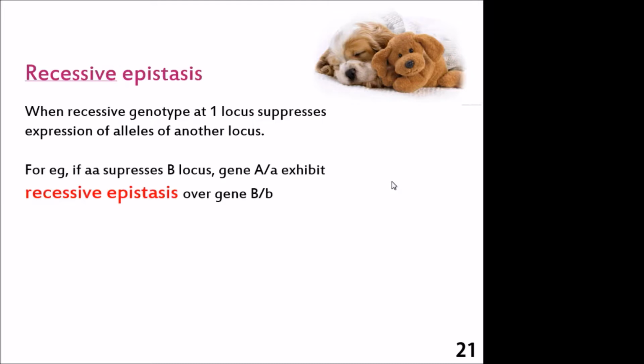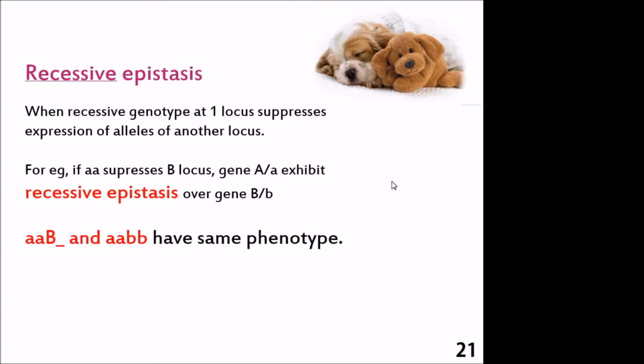So for example, if you have a small a as your genotype for locus A, on the other side it doesn't matter whether you got big B or small b, it will mask over whoever's on the other side. So we'll say gene locus A exhibits recessive epistasis over gene B. Or you can just say gene A is epistatic over gene B.